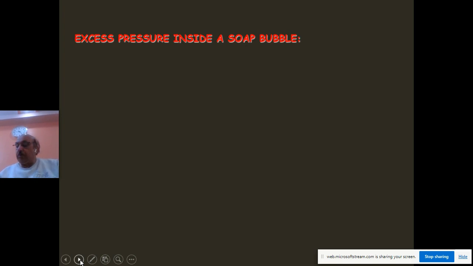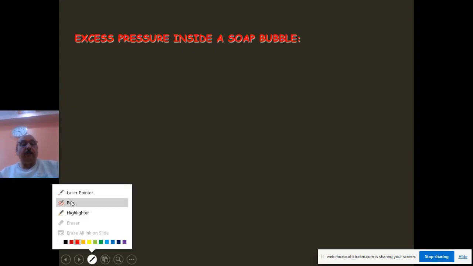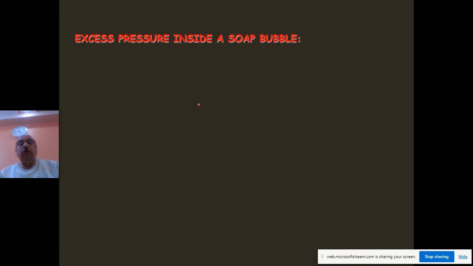What is the difference between a liquid drop and a bubble? A liquid drop has a single surface, whereas a bubble has two surfaces.